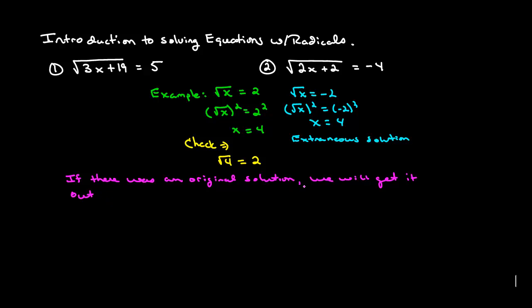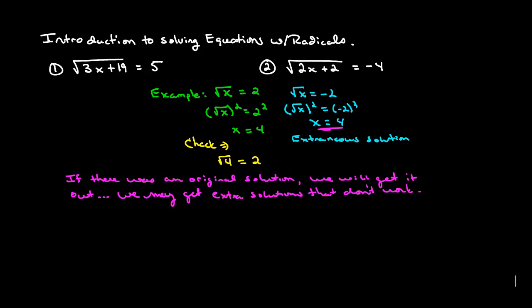So if there was an original solution, we'll get it out. However, we may get extra solutions that don't really work. And so we have to be careful because we could get guys like this out here.